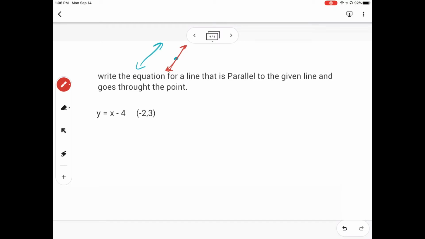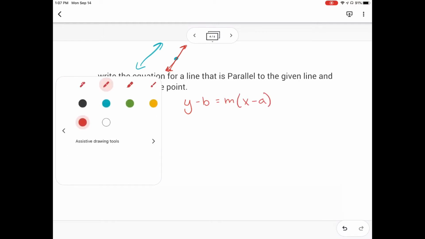So step 1 was to plug in the numbers to the equation. The point is your a and your b, and m is the number in front of x. In this case, that number is a 1. So our m is 1, the a is -2, and the b is 3. So here's the formula. We're just going to plug it in.